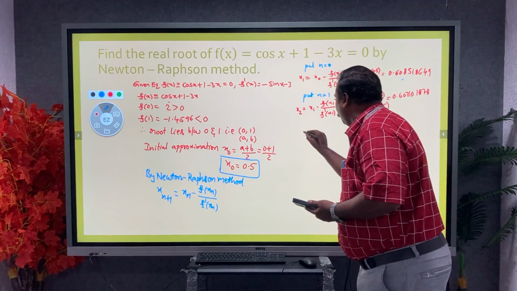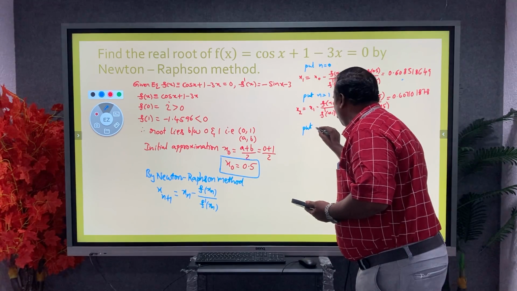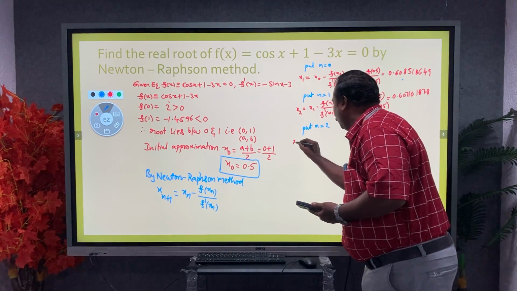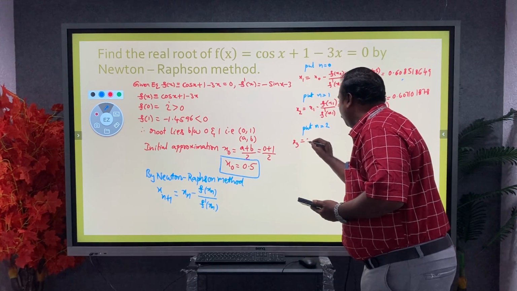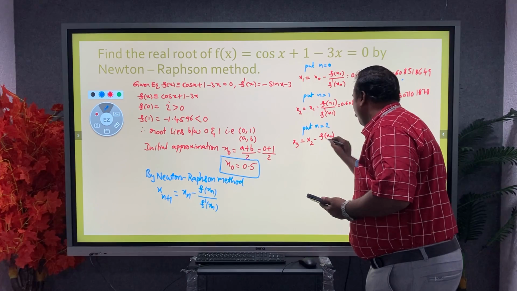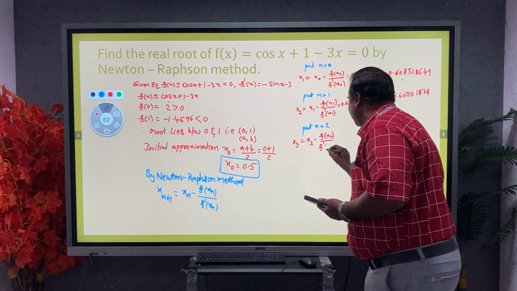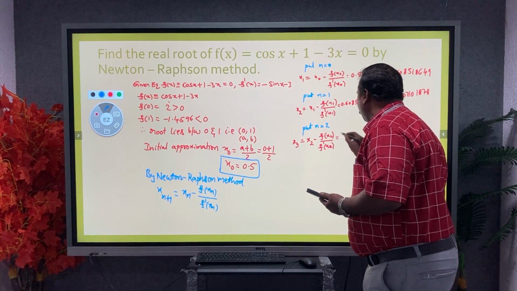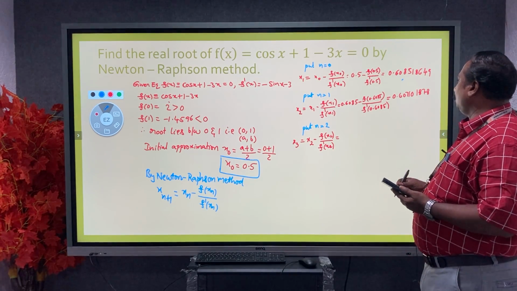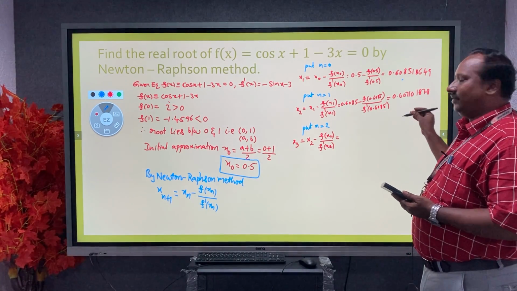Now put n equal to 2. Then the formula becomes x3 equal to x2 minus f of x2 by f dash of x2. Take the x2 value up to 4 decimal places only, 0.6071.